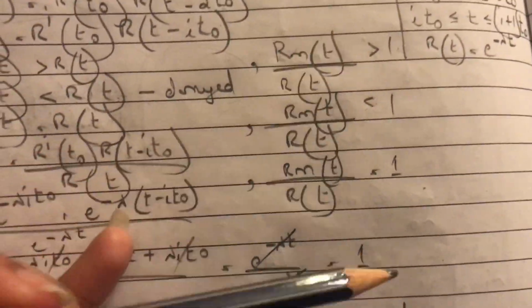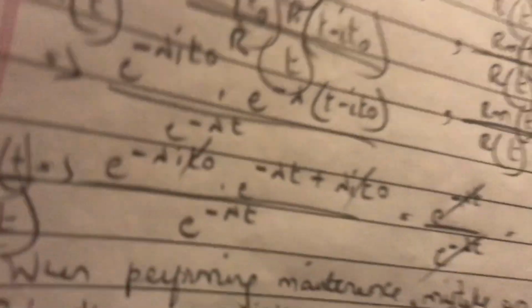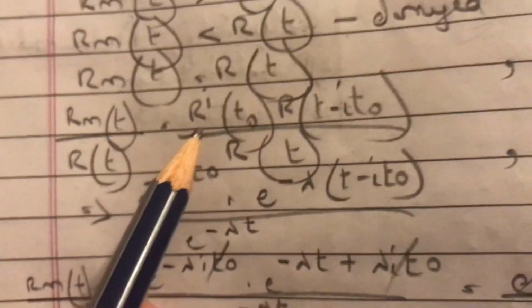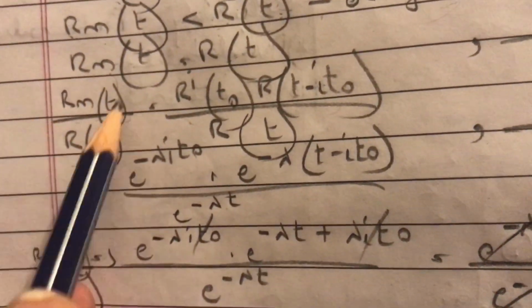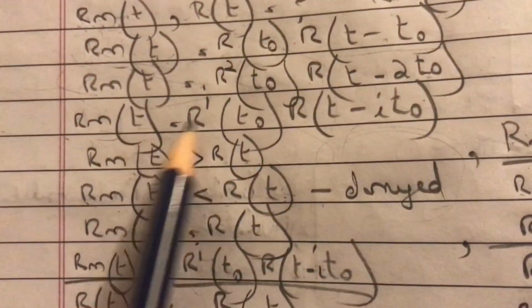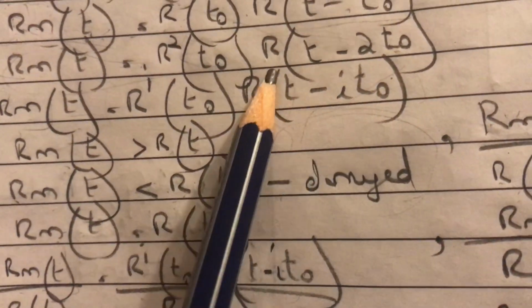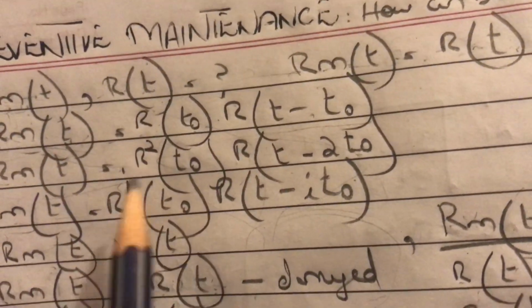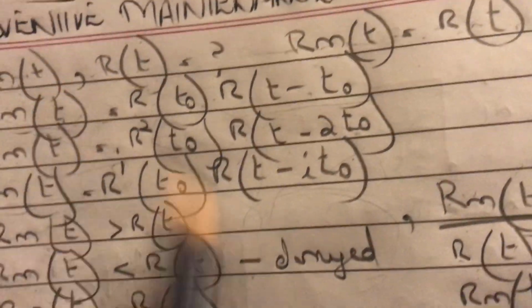Now under these conditions, we say that Rm of t over R of t equals, here we keep the value for Rm of t, for all i's going from 0 and so on.